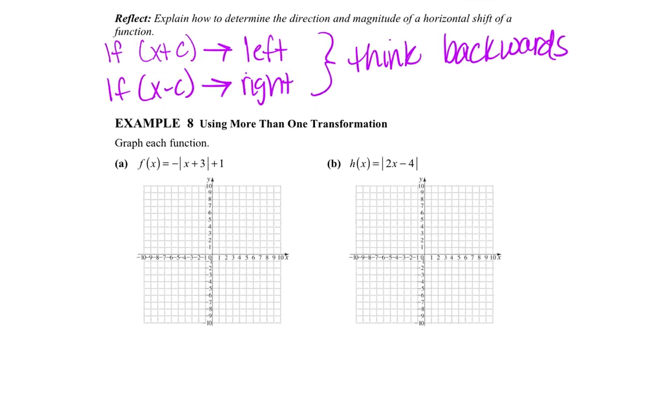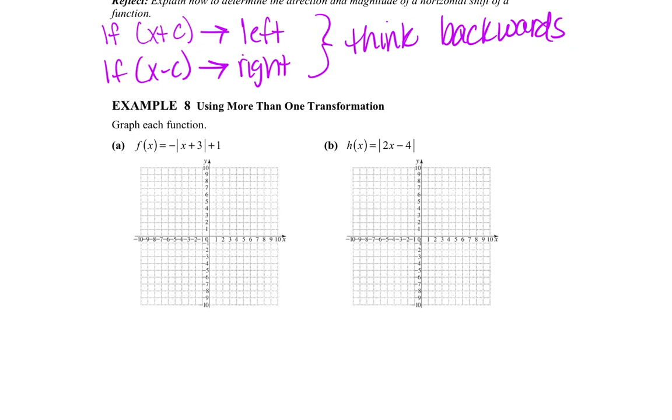All right. So what if we have more than one? Okay. So we have a negative out front. That negative out front is going to be an x-axis reflection, or reflect over the x. This negative sign here will determine that.